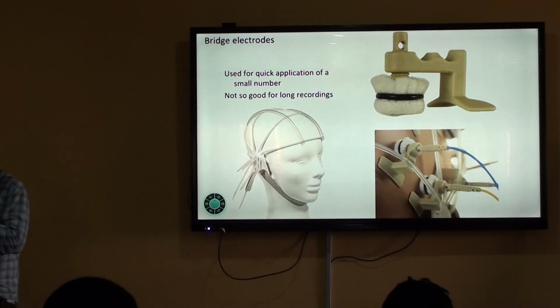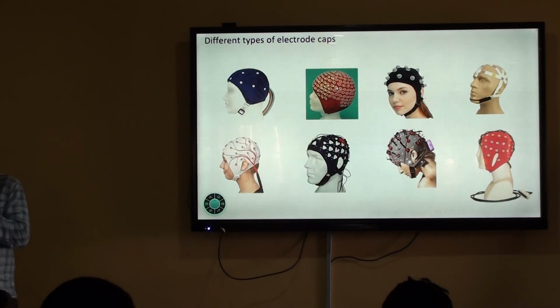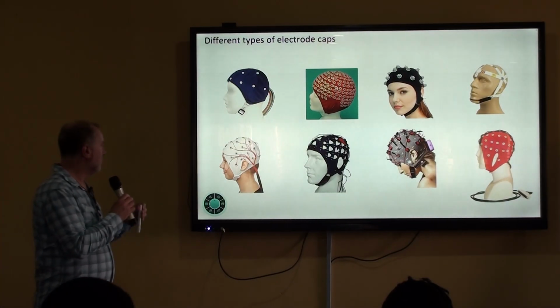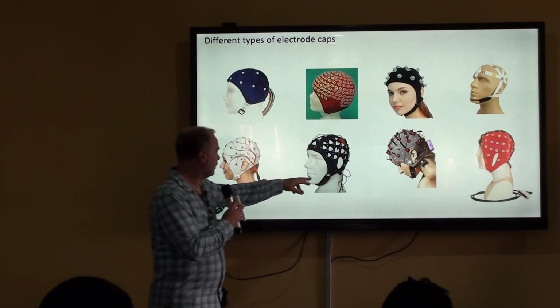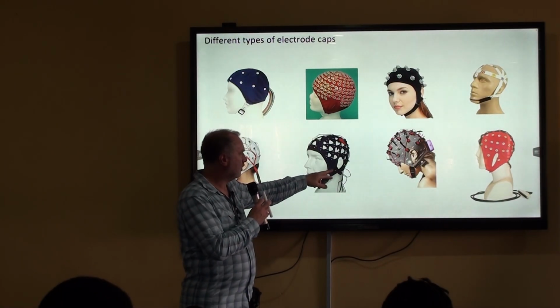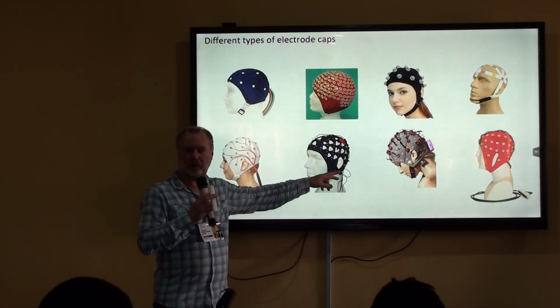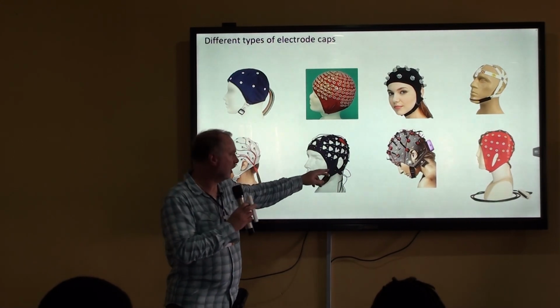I'm not sure whether that's visible from this one, but for example here you can see that there's two special electrodes behind the ears, or actually in front of the ears, which are like the reference and which could be a ground electrode.